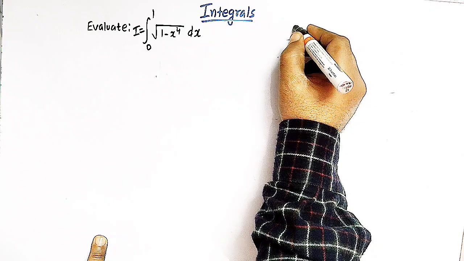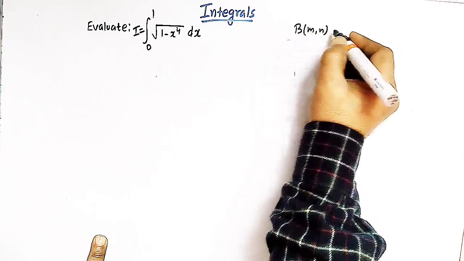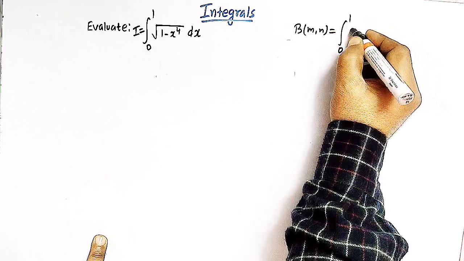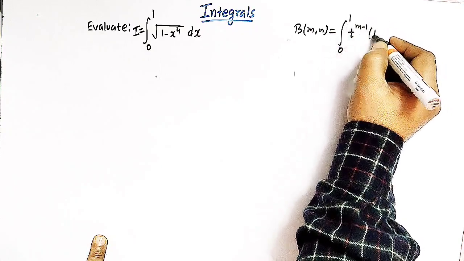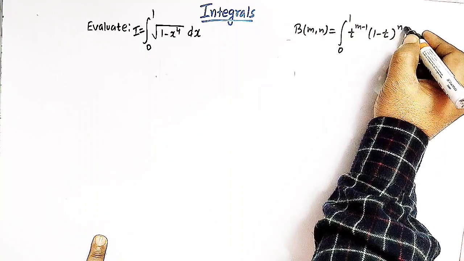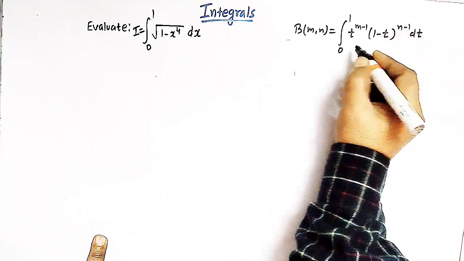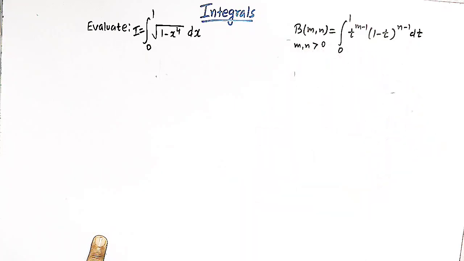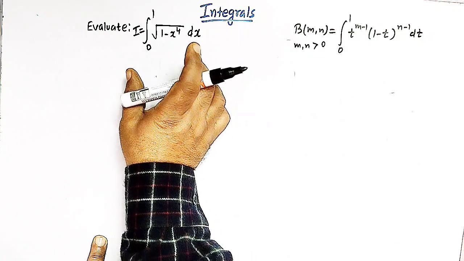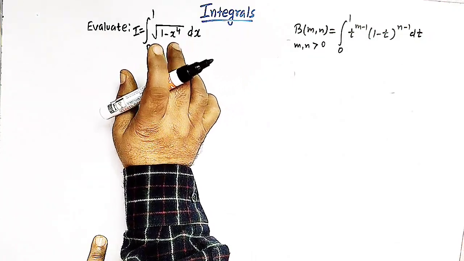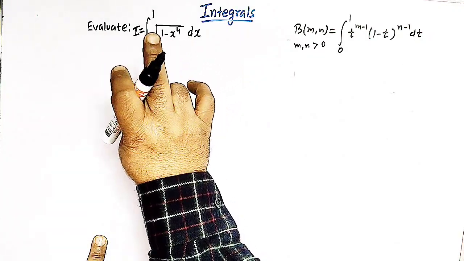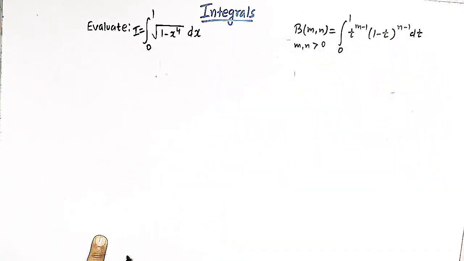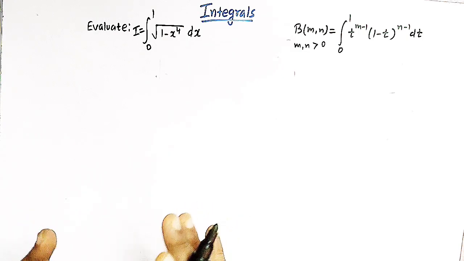The beta function is defined as beta m comma n, and this is given by the integral 0 to 1 of t raised to m minus 1 and 1 minus t raised to n minus 1 dt. And remember, m and n are greater than 0. By making use of the method of substitution, we'll first convert this integral into this one, and then we'll apply the relationship between the beta function and the gamma function.